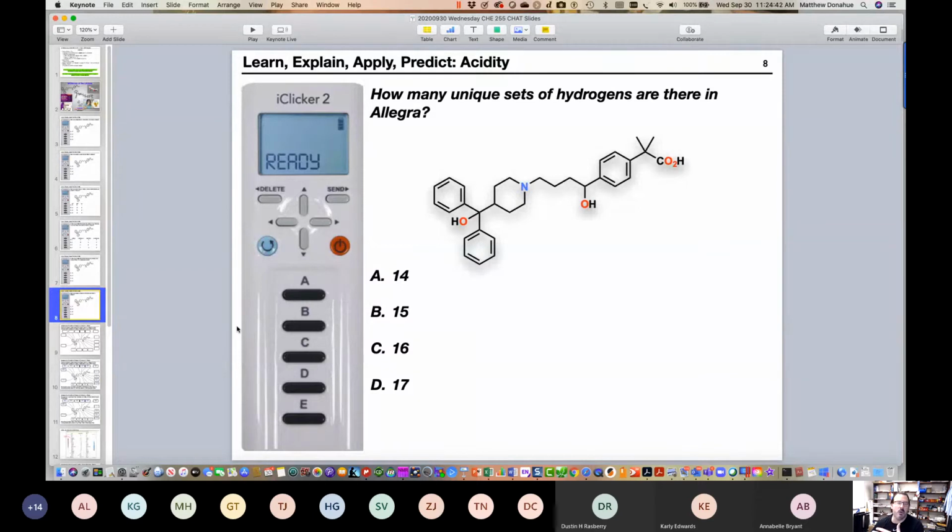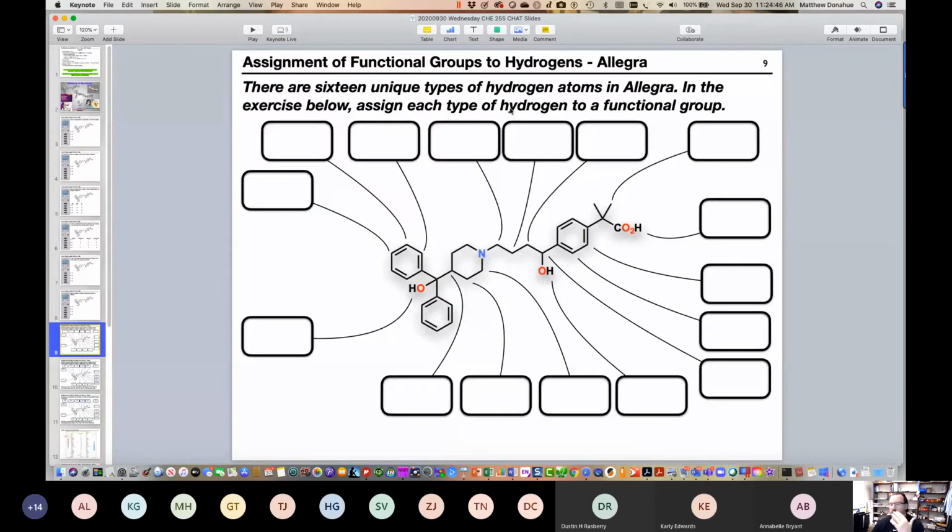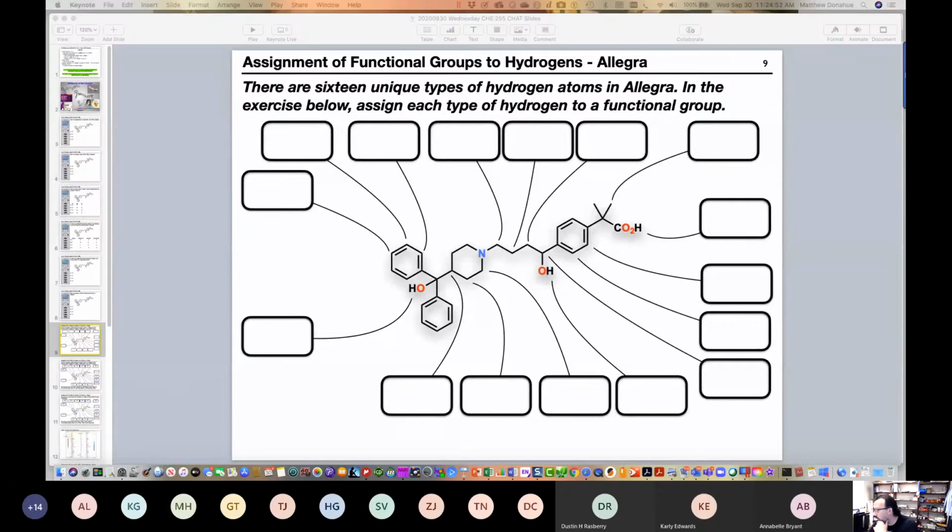Now what I want to do in terms of acidity, and this is the slide, I'll switch over to the doc cam as well. This is in the module link on how you got to this Teams meeting today.